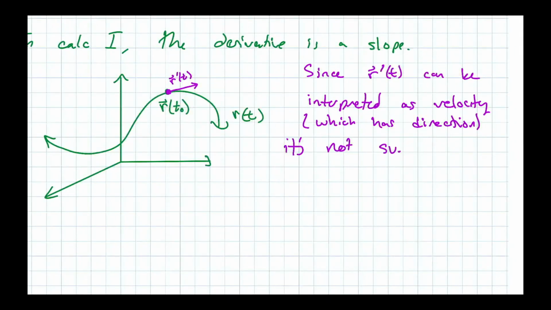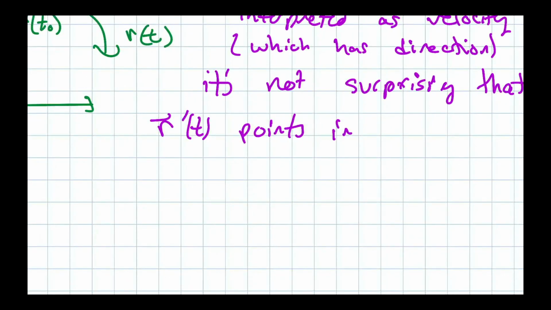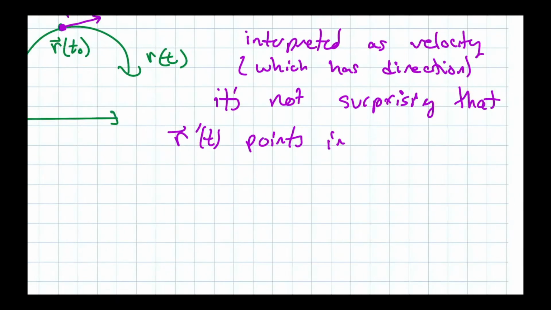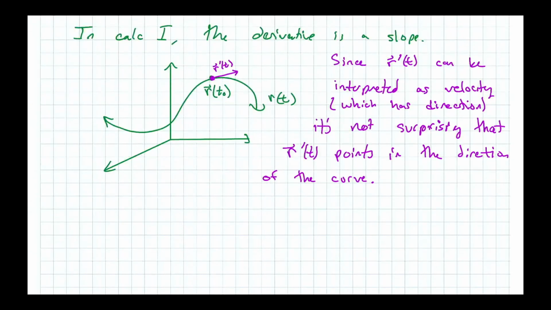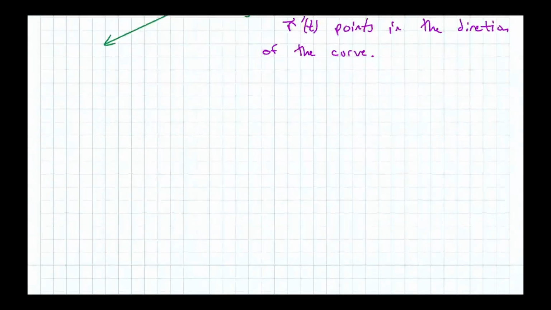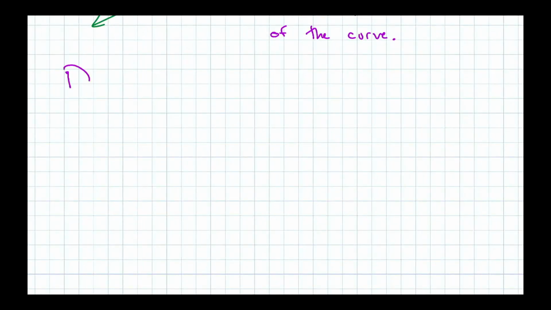So it's not surprising that r prime points in the direction tangent to the curve because you were following the curve. So your velocity should be parallel to that. Okay. So it points that way. It actually points tangent.